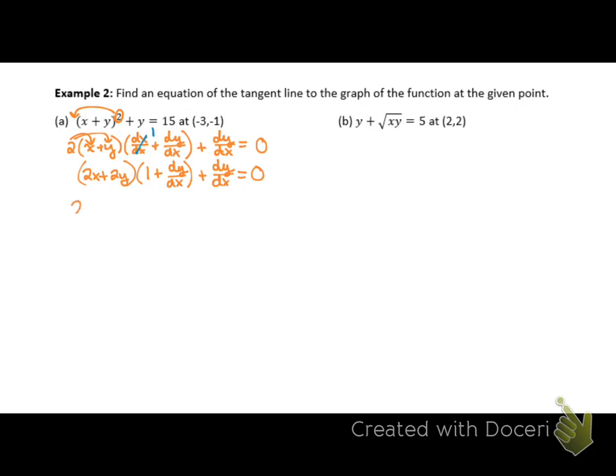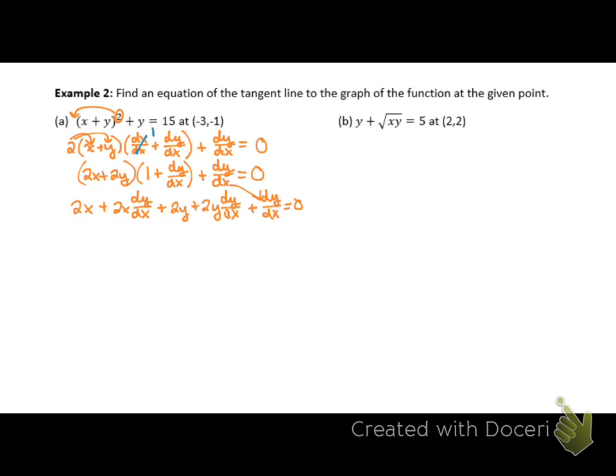So we have 2x plus 2x dy/dx plus 2y plus 2y dy/dx. That's what I get by double distributing. dy/dx is still added to the end because of that, right?